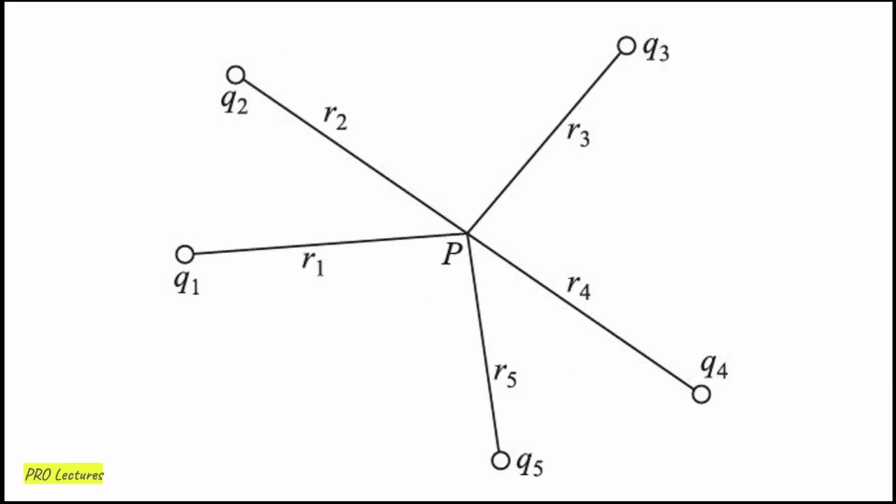Now, what if there are multiple charges? The electric potential at a point due to a system of charges is the scalar sum of potentials due to individual charges.